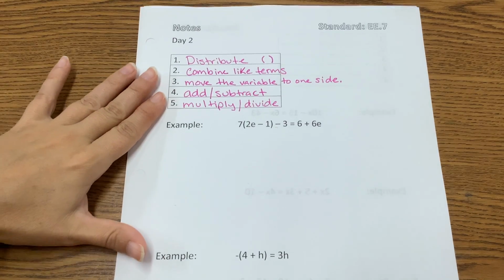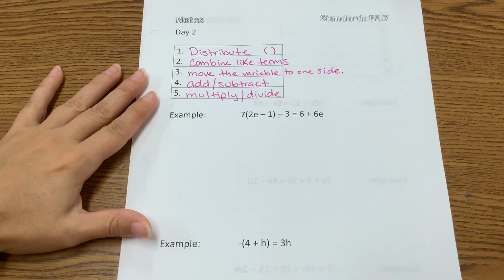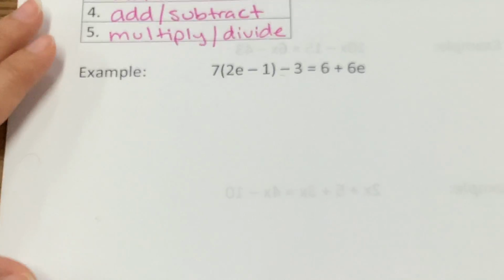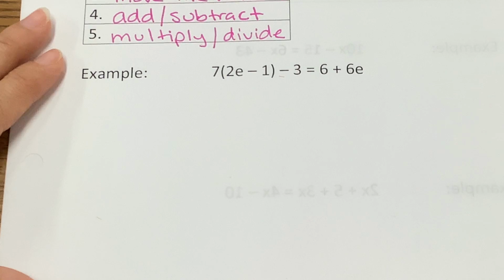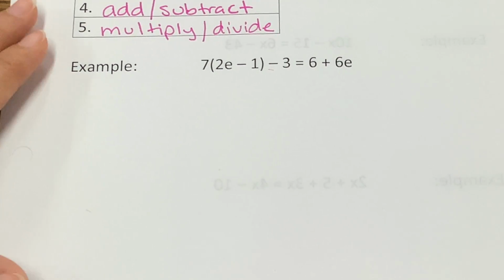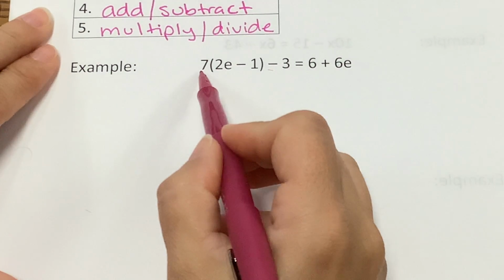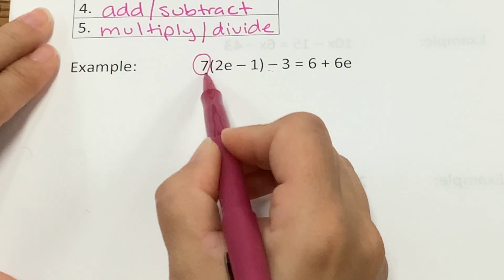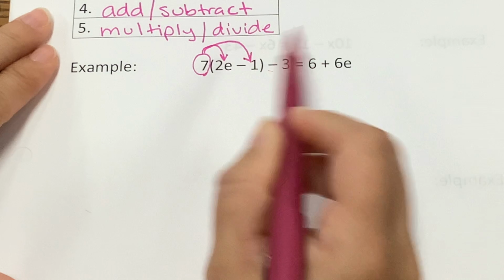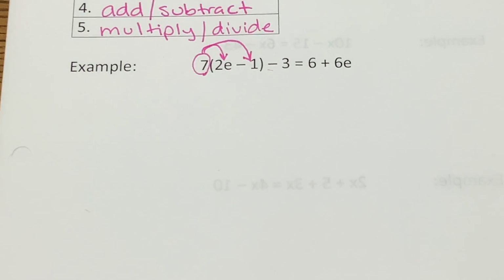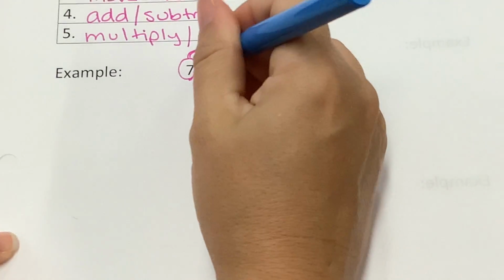All right, so let's look at this example. See that these examples are a little different from last week because now we have what? We're going to have to distribute. Okay, so for the distributive property, remember we take that factor on the outside and we multiply it by each term inside of the parentheses. The first term is 2e. I'm going to highlight that.